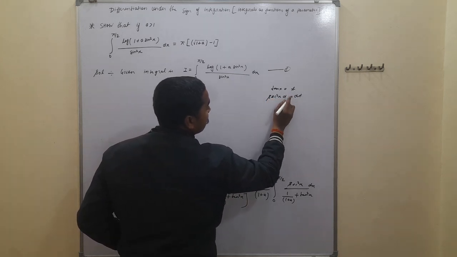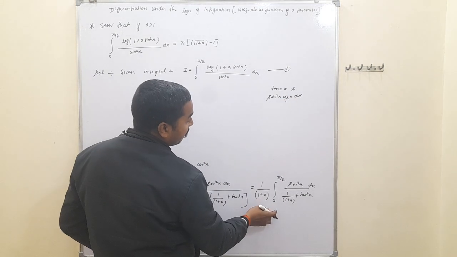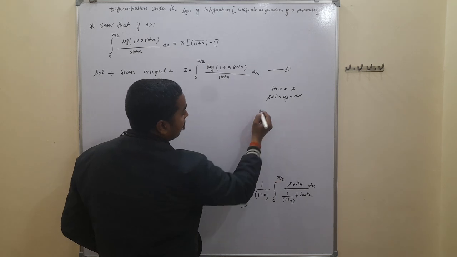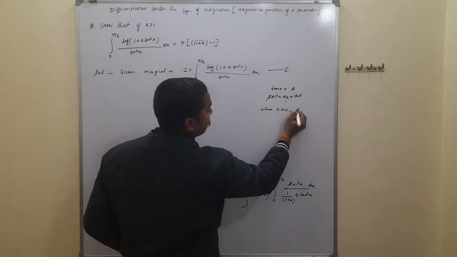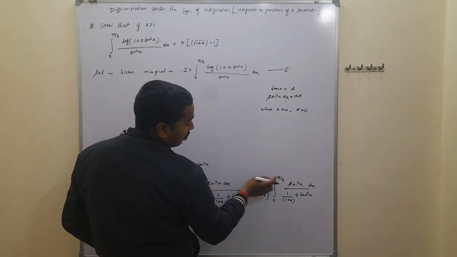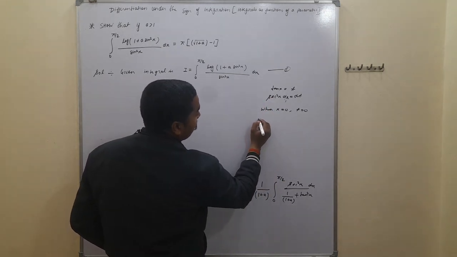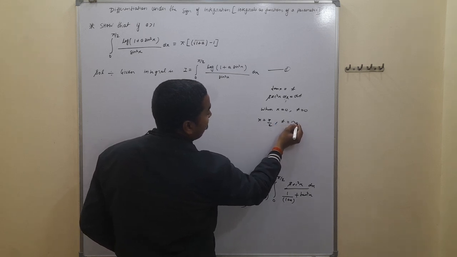We have to change the limit also: when x is equal to 0, then t is also 0, and when x is equal to pi by 2, then t is equal to infinity.